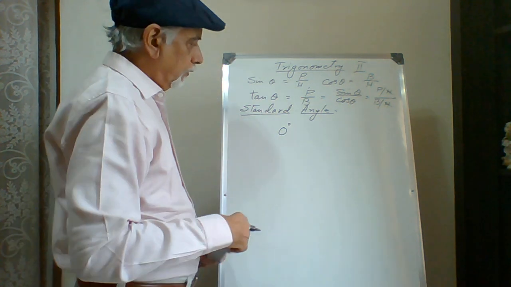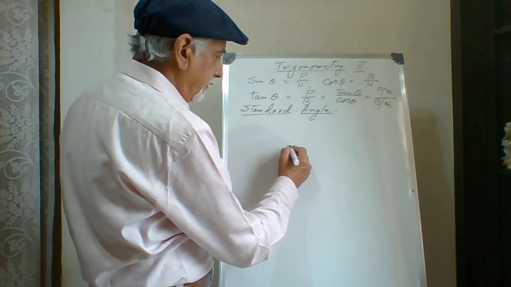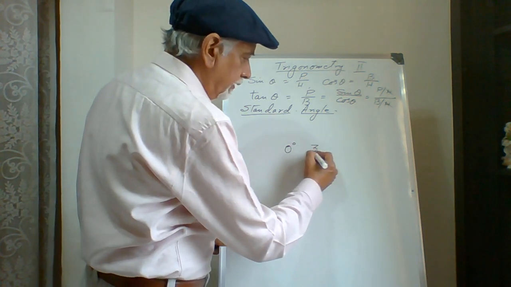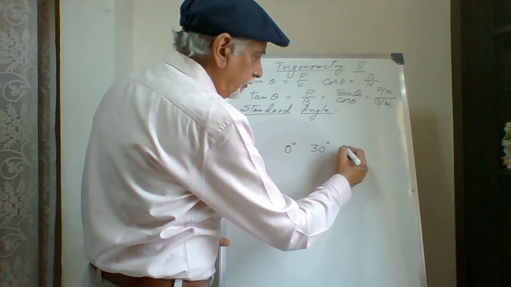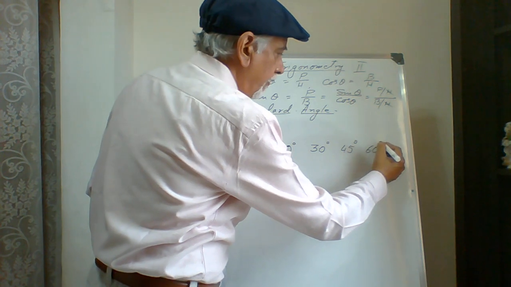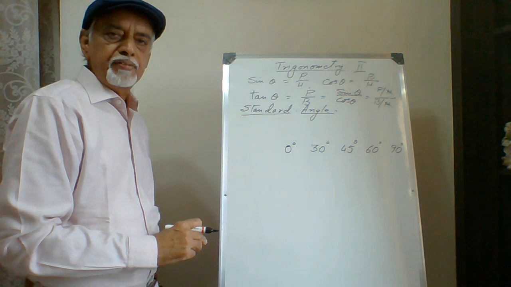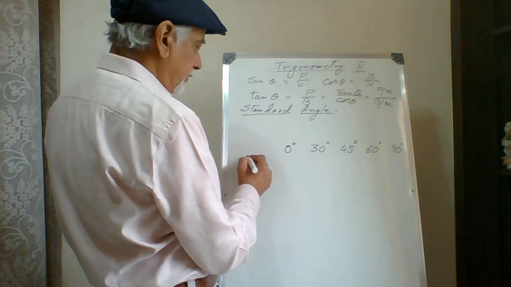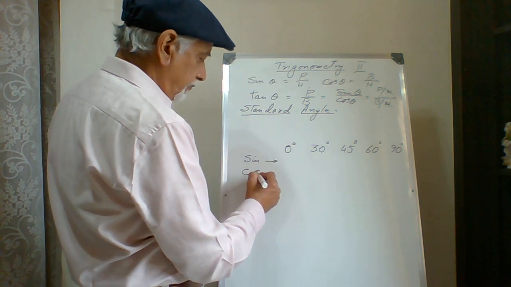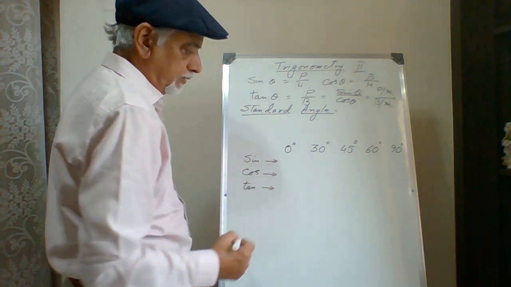I write a little below so that I can show you the working, how to work out this and remember very easily. 0 degree is the first one, then is 30 degree, third is your 45 degree, 60 degrees, and the last one is 90 degrees. These are the 5 standard angles, and we have to remember the values for sine of that, cosine of that, and tangent of all these numbers.